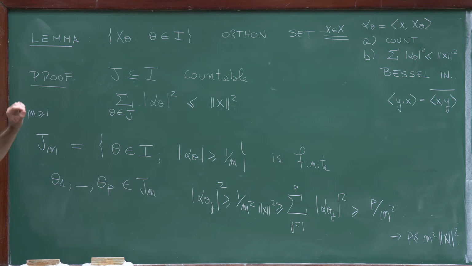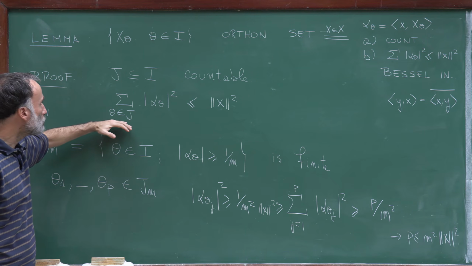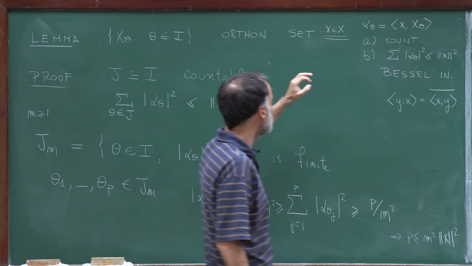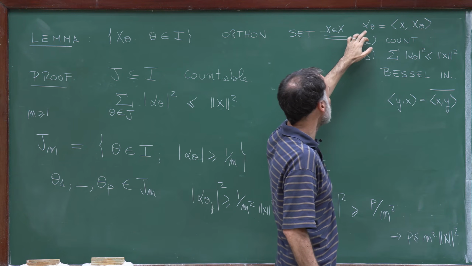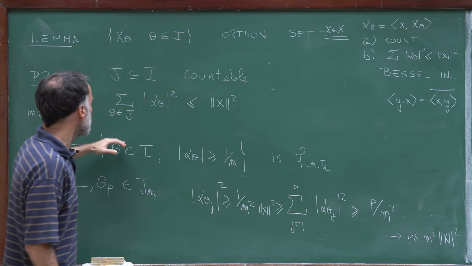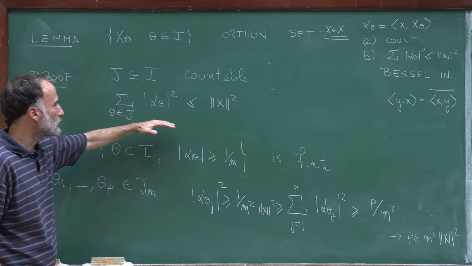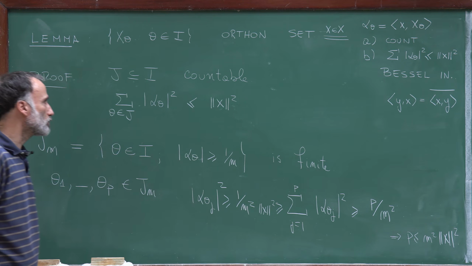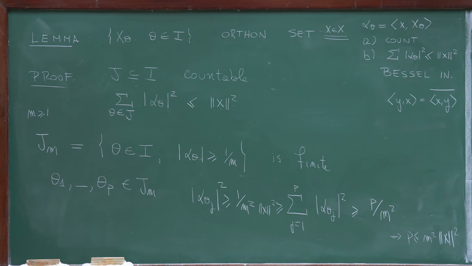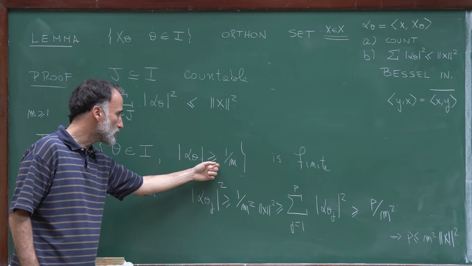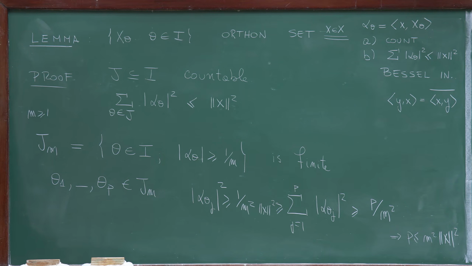So what I'm claiming is that you fix that x, and now you define alpha theta, and you proved that for any countable subfamily of I, this sum is bounded by the square of the norm of x. And now we define this set, which depends on x, as all theta for which alpha theta is bounded below by 1 over m.